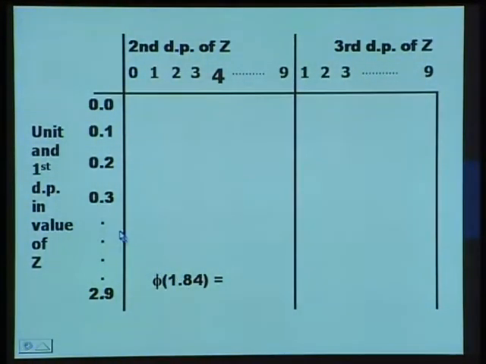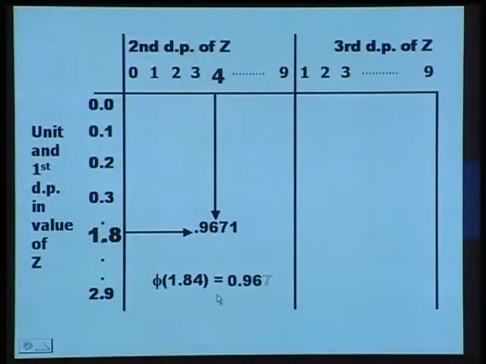So 1.8 would be located in the first column, and then the second decimal place in the value of Z will be located in the top row, and the value of phi would be read here. The value of phi is 0.9671.